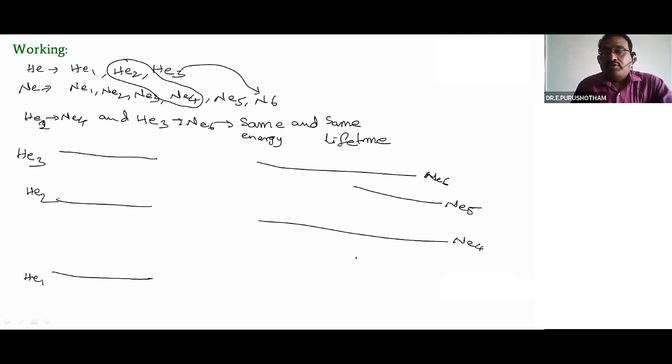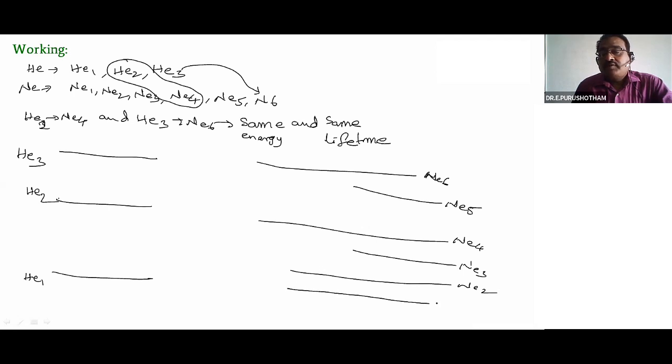So Ne4, this is Ne3, this is Ne2, this is Ne1. So the energy levels are E1, E2, E3, E4, E5, and this is E6.